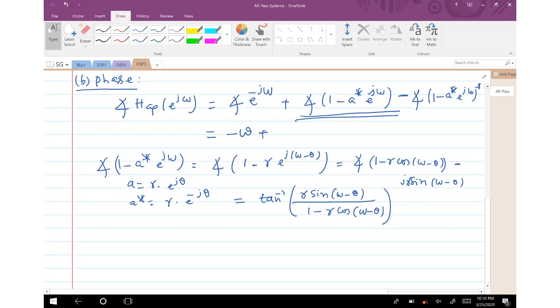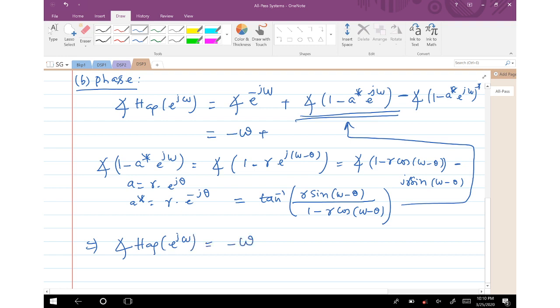So let's substitute this value here. That implies the phase of this allpass system is equal to minus omega.